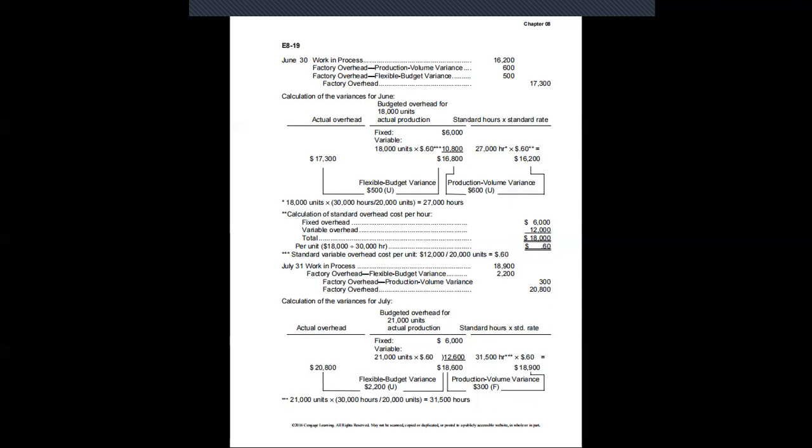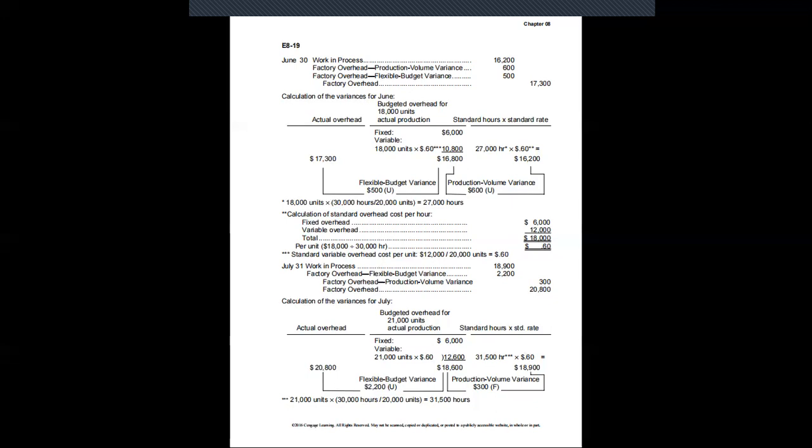Now that's the end of the first month. Debit to work in process for the amount of 16,200. Then we have to credit factory overhead for the volume variance. It's unfavorable.